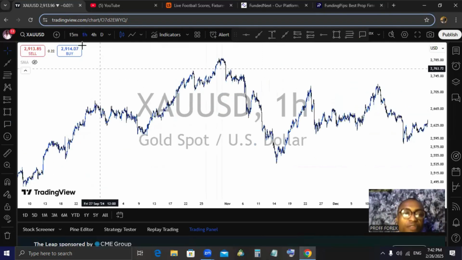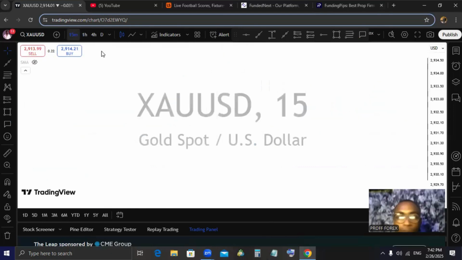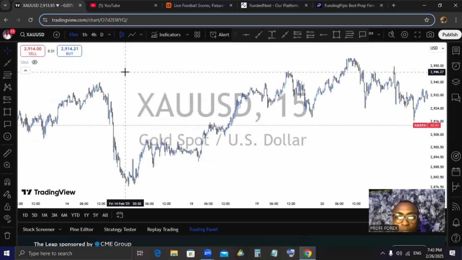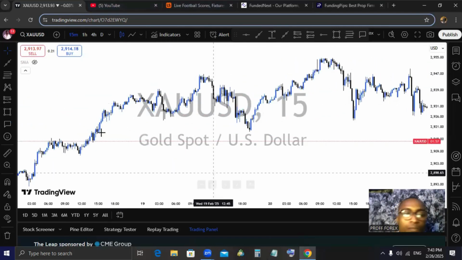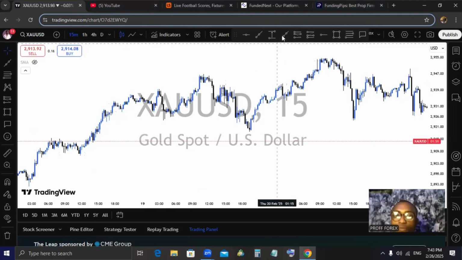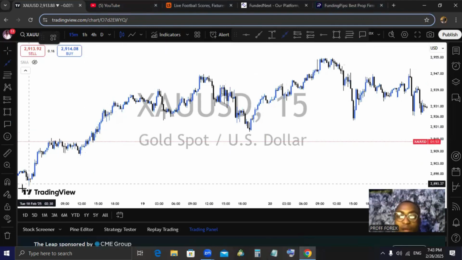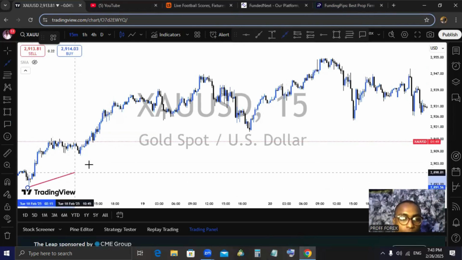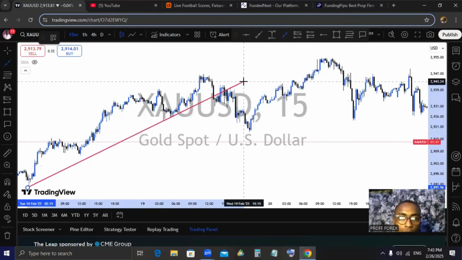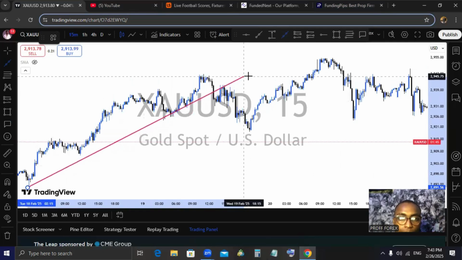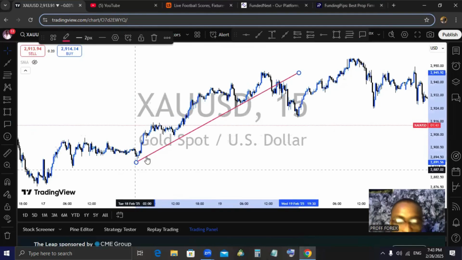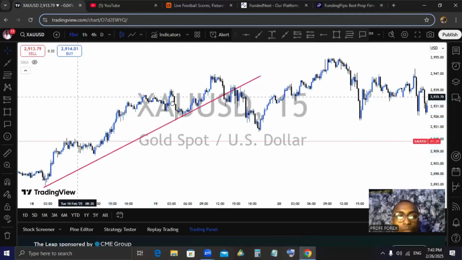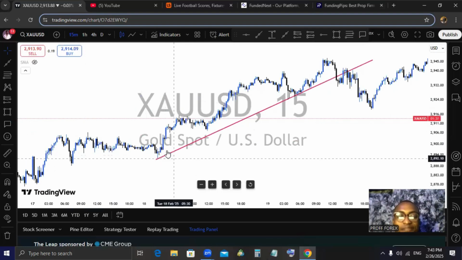So let's go to the 15-minute time frame, which is our entry position. As you can see, this is the first touch.